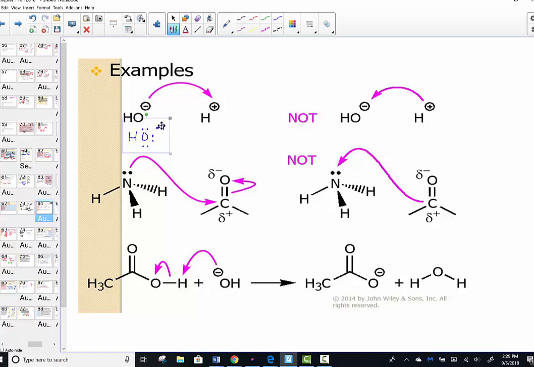I'm going to move a pair of electrons, so I start the arrow at the origin of the electron, and I move it to the place that is going to accept the electron. When I move that, I'm showing the negative being attracted to the positive. It is incorrect to originate an arrow at an electron deficient site.